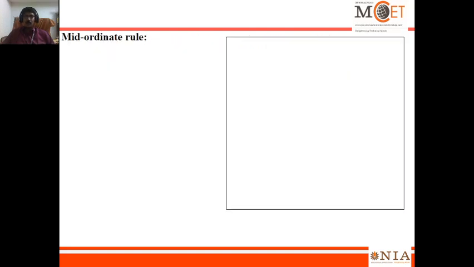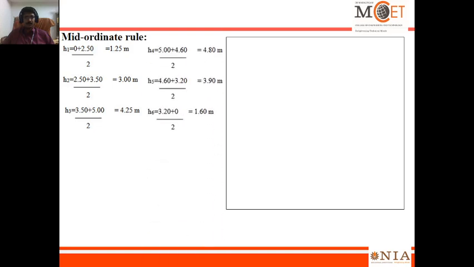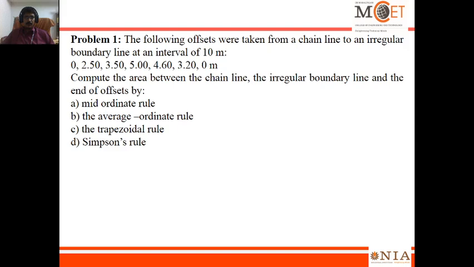Mid ordinate rule. We have to obtain the mid ordinates. Here the offsets are given as O1, O2 like that. So mid ordinate H1 is equal to O1 plus O2 by 2, which is equal to 1.25. Similarly H2, H3, H4, H5, H6, right? So we have obtained the mid ordinates.